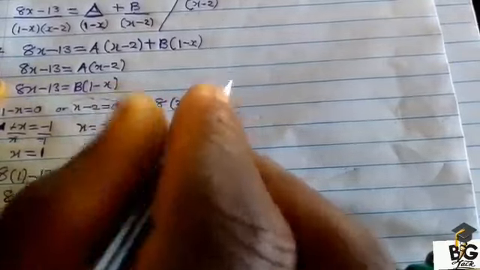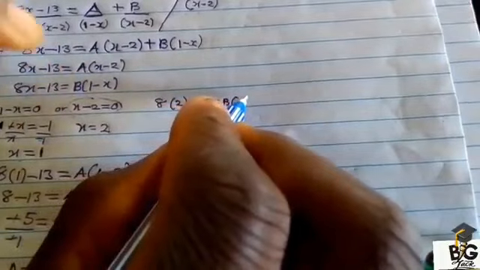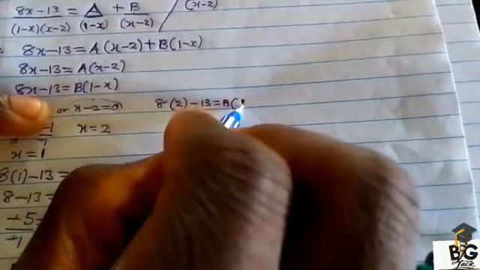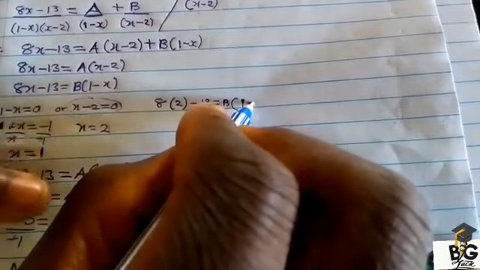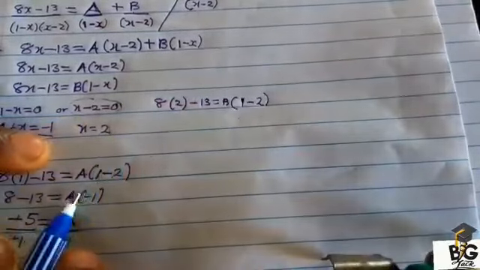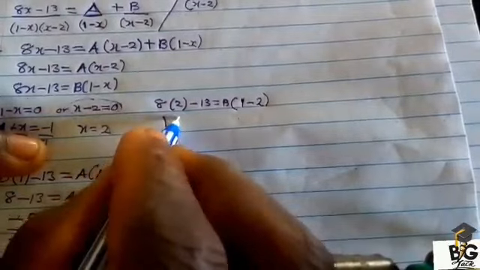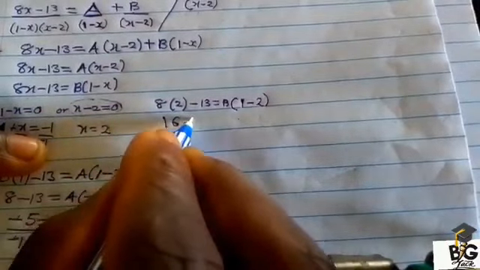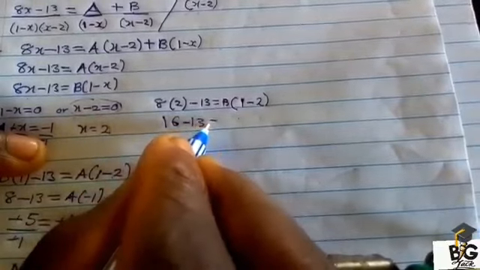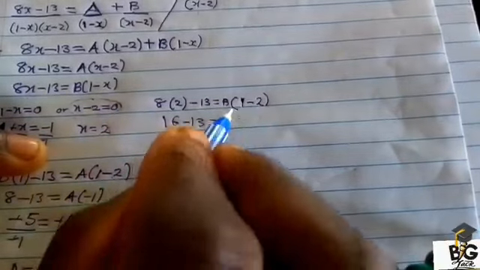Then we can just say open bracket, 1 minus the value of x here, it is 2, then close bracket. So 8 multiplied by 2, I'm just going to get 16 minus 13. Okay? Yes, is equal to 1 minus 2. The answer is going to be -1.